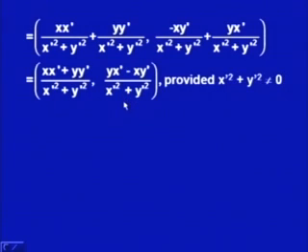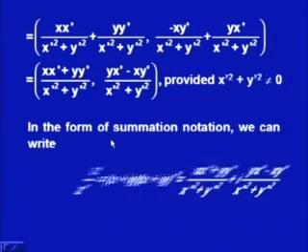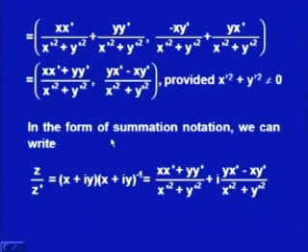So, this number is the division of the two complex numbers, and the denominator, that is x dash square plus y dash square, should not be equal to 0. So, if we use the summation notation for the proof, then again we can write z by z dash equal to x plus i y, x dash plus i y dash inverse.